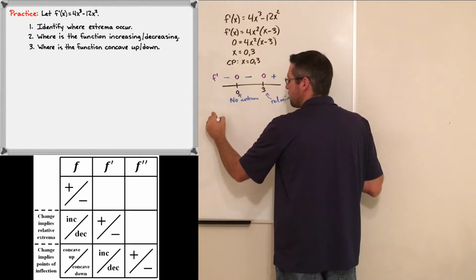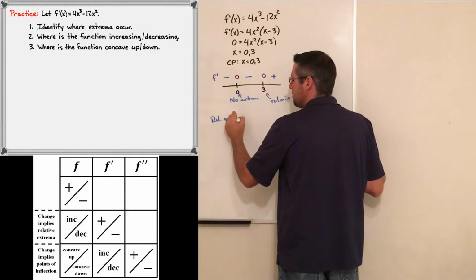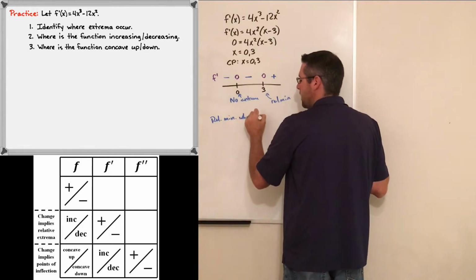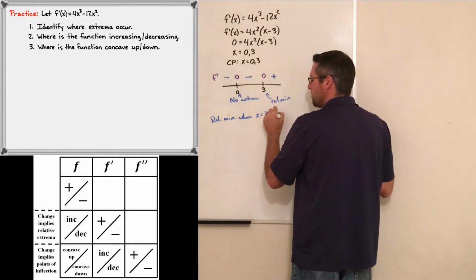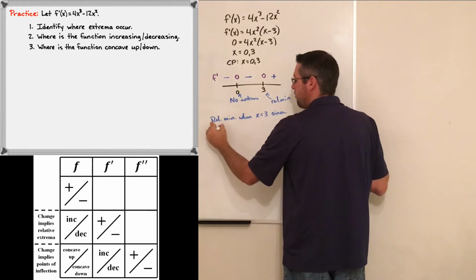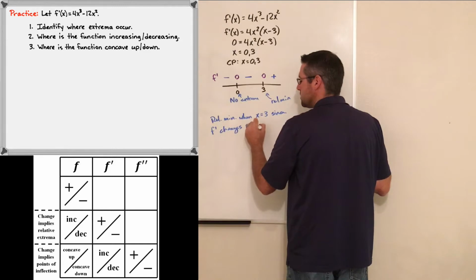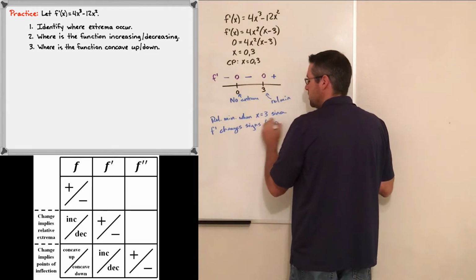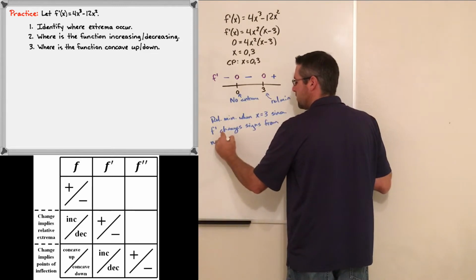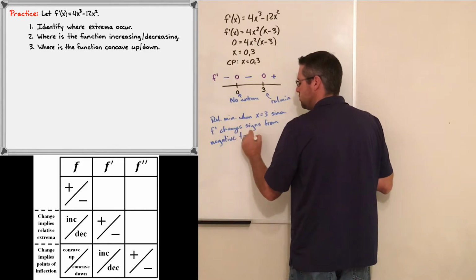We would say that there's a relative minimum when x equals 3 since f prime changes signs from negative to positive.